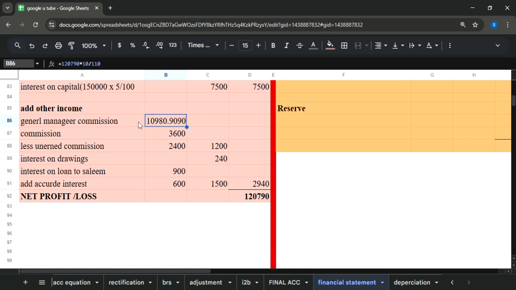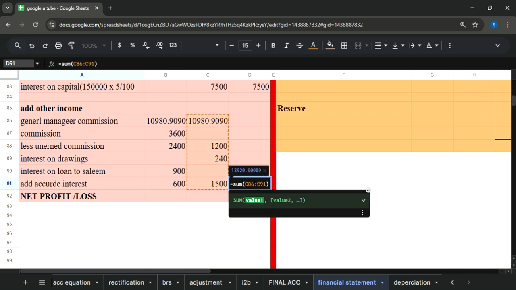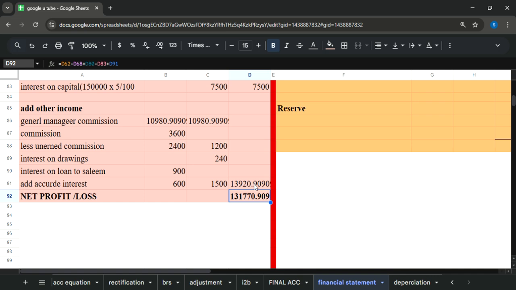So what we have got is our general manager commission, and simply we will get a new sum over here, and first we will write this commission at this place, and here you will be adding it, and this is 86. Here just add 86. Okay, we will be adding it.